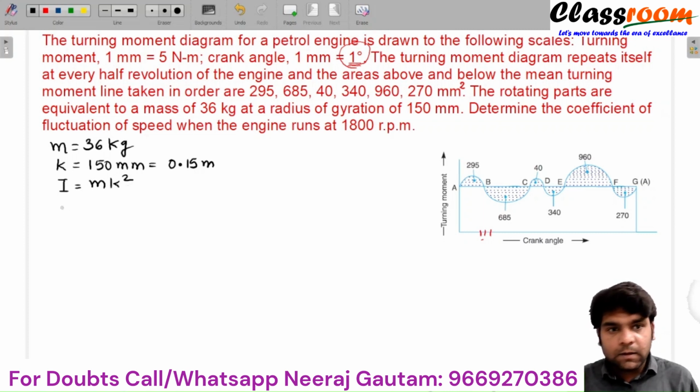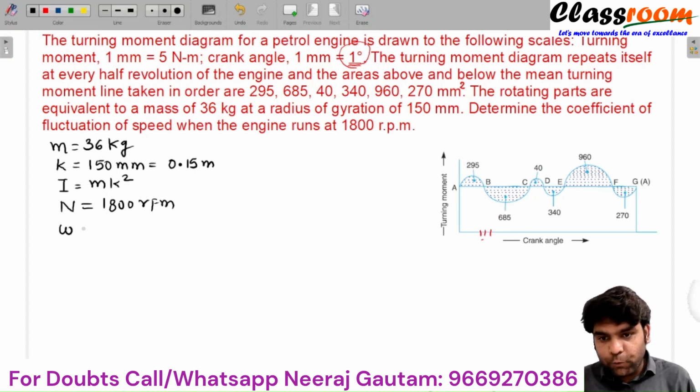Now to determine the coefficient of fluctuation of speed, N is given as 1800 rpm. The engine runs at the speed 1800 rpm.